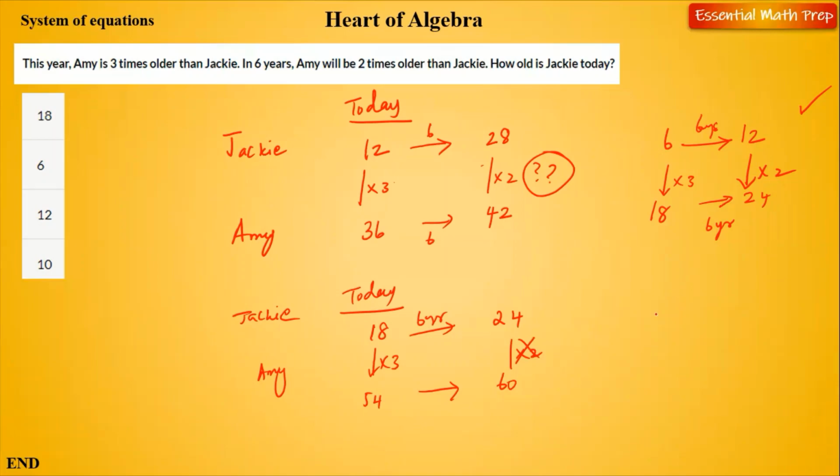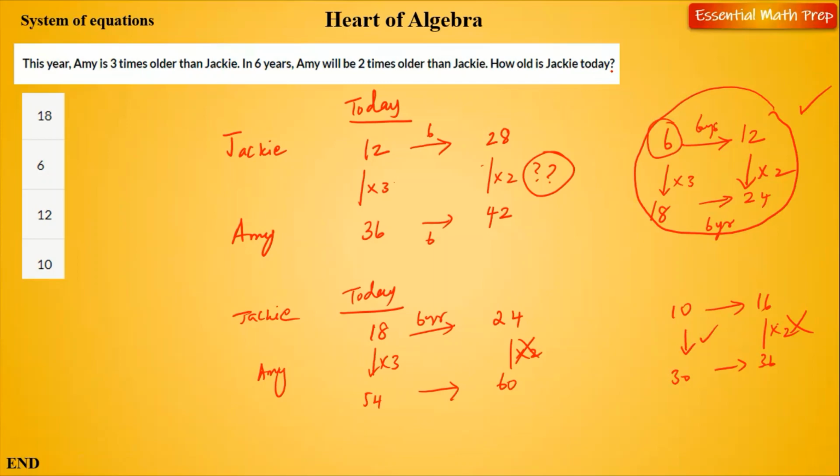And then again, let's start with Jackie being 10. That means Amy will be 30, and in 6 years 16 and 36. 16 times 2 is not 36, so this won't work either. So the only condition that satisfies all of this is that Jackie is 6 years today.